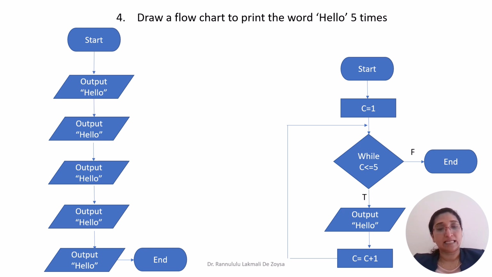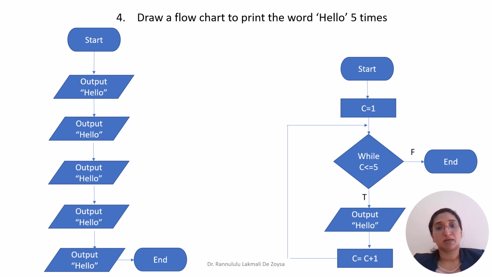While c is less than or equal to 5. What is the initial value that you have given to c? 1. Is 1 less than 5? Yes. Condition true or false? Condition true. If the condition is true, you output hello.